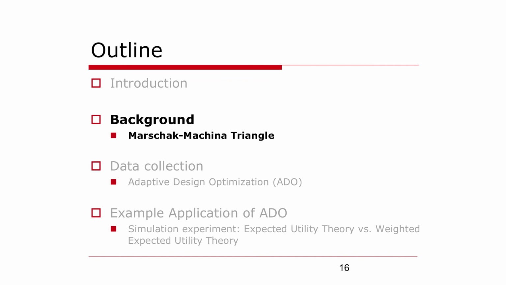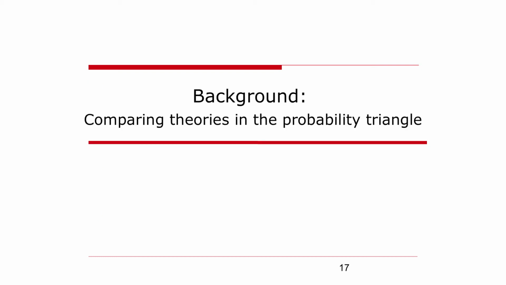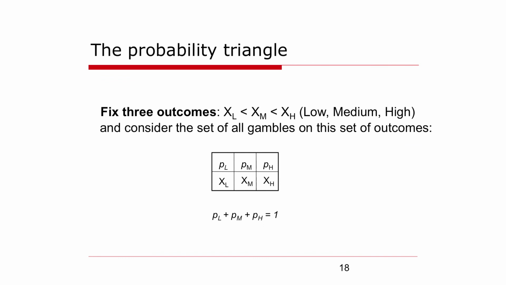The particular design we're going to talk about today is just one of the simplest ones. I'm going to spend some time on what I call the triangle. Suppose every gamble you present in this setting is a three-outcome gamble, with low, medium, and high outcomes. Assume those outcomes are fixed, say $1, $50, and $100.